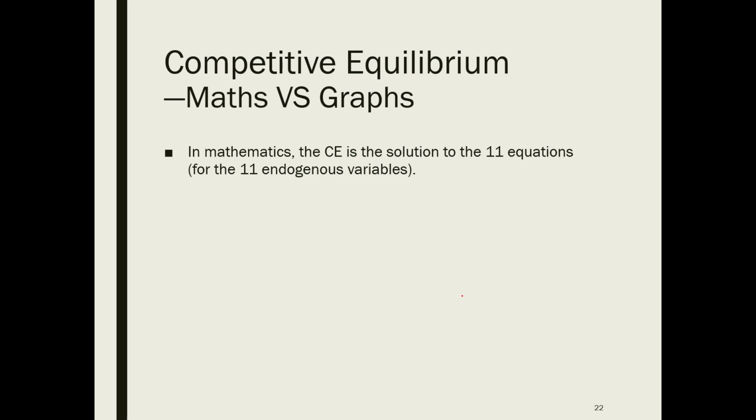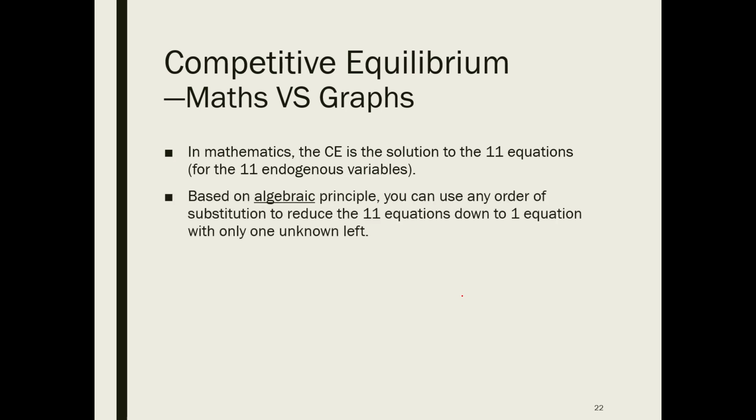We know that the competitive equilibrium is simply the solution of the simultaneous equation of the 11 unknown endogenous variables. Based on algebraic principle, you can use any order of substitution to reduce the 11 equations down to only one equation with only one unknown and then solve for it.